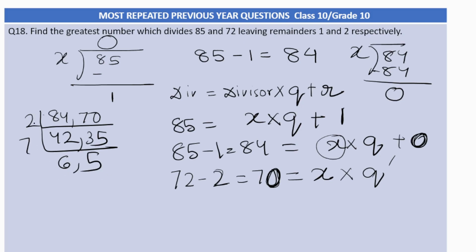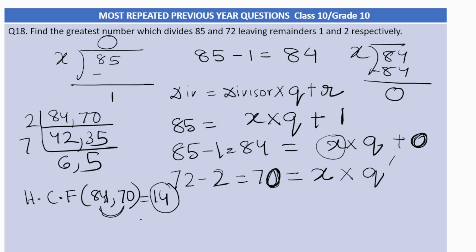So 2 into 7 is 14. So the HCF, highest common factor, of 84 and 70 is 14. 14 is the number which is common to 84 and 70, and it is the highest common factor. After this, there is no common factor which is fully able to divide 84 and 70. That is the meaning of highest common factor.